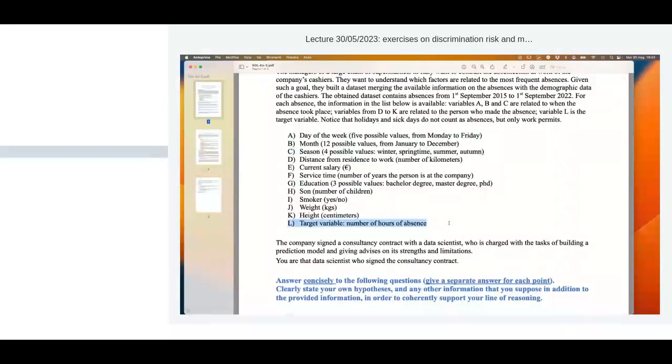So I need to revert part of my explanation. That is, we are able to know the duration of the absence. We don't know the most frequent absences unless we do some computation, but we don't know it from how the data is organized.